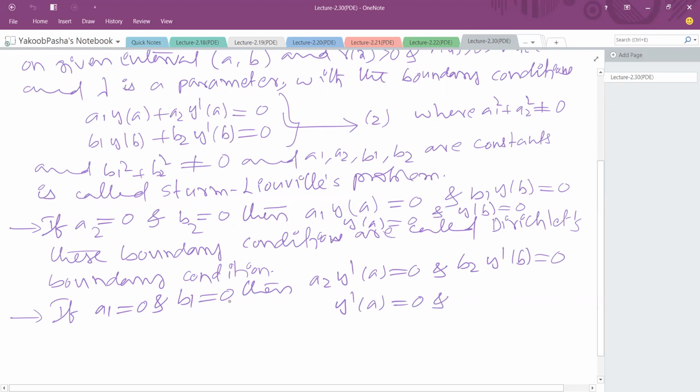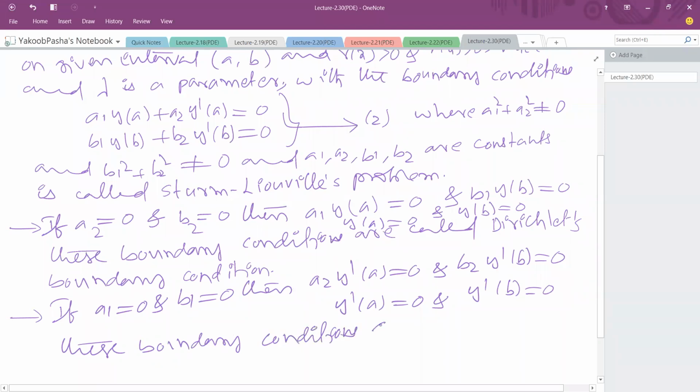When B1 is equal to 0, B2 is not equal to 0. In this case, y dash of b is equal to 0. So these boundary conditions are called Neumann boundary conditions.